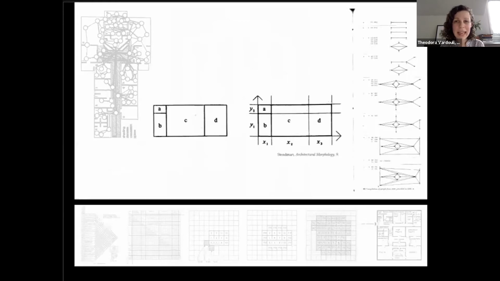So a central idea in these studies was what they called the dimensionless representation of architectural plans. What they did, which I think rings very familiar for people who are familiar with parametric design today, was that they separated the metric or dimensional properties of a floor plan, or of a form more broadly, from what they call the configurational properties.